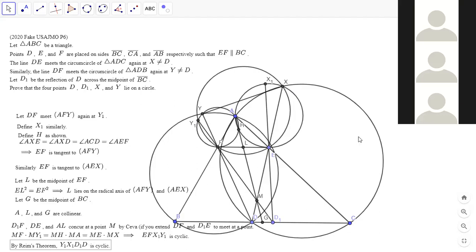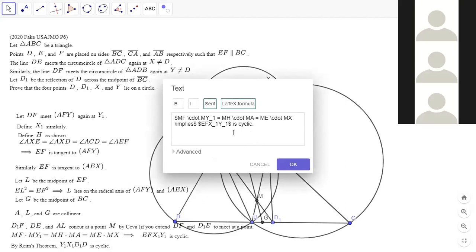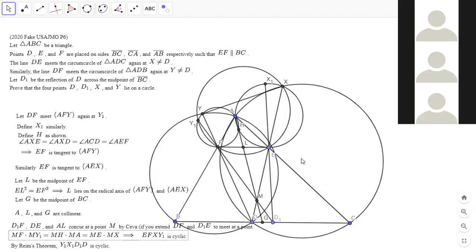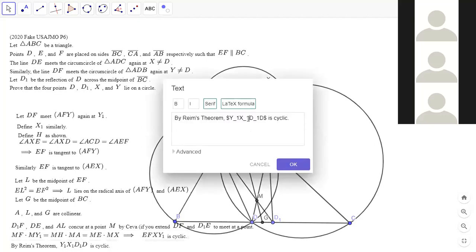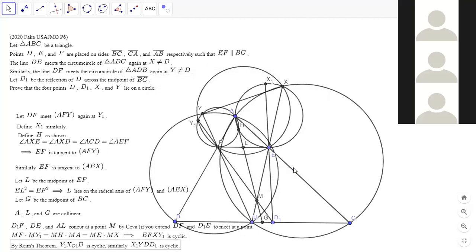So this should just be X, and this is just X. Then similarly X1YD1 is cyclic.